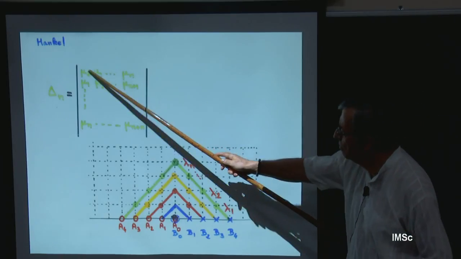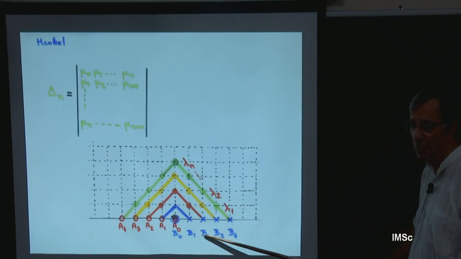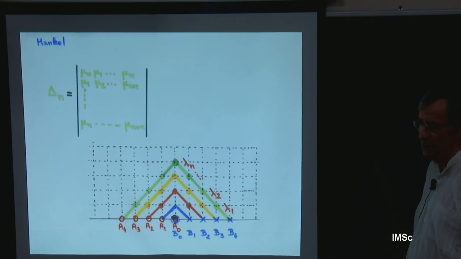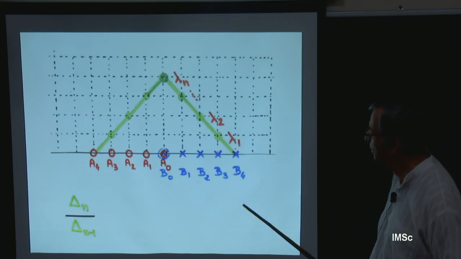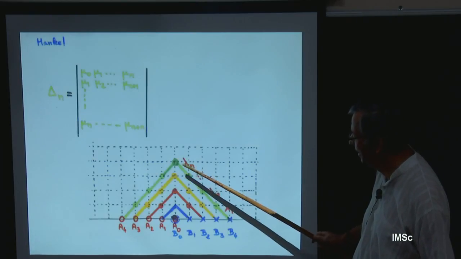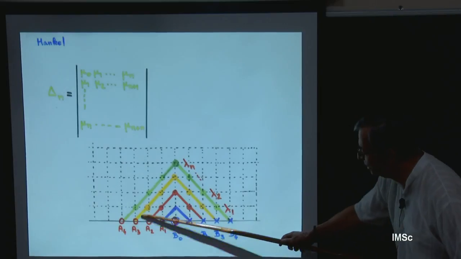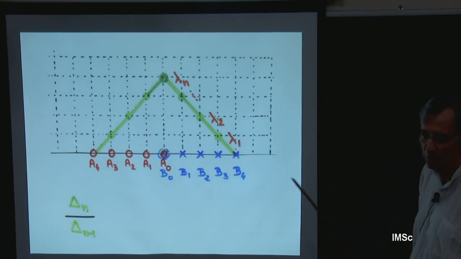So this Hankel determinant, called delta n, is interpreted by this unique configuration. So I have delta n divided by delta n minus 1, which is this configuration divided by the smallest configuration, and this gives me this path.